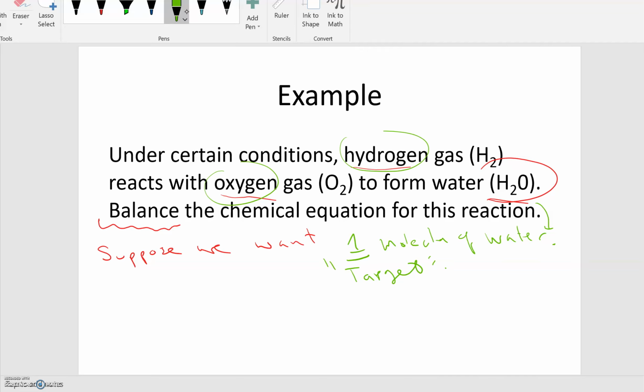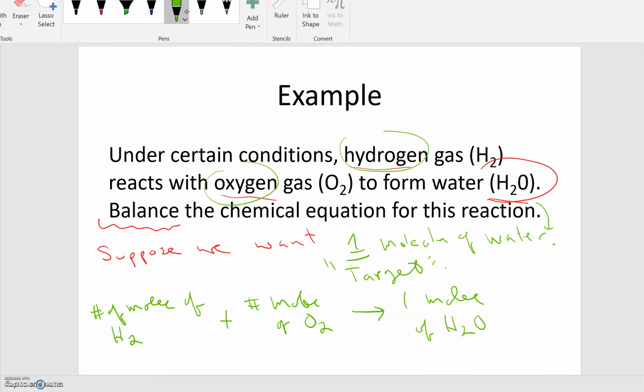So let me just write that out in words: number of molecules of H2 plus the number of molecules of O2 to make 1 molecule of H2O. Okay, so this helps me to think about what my unknowns are going to be.